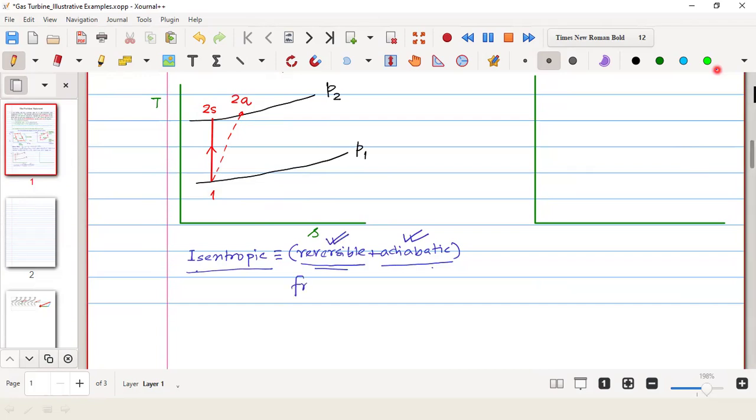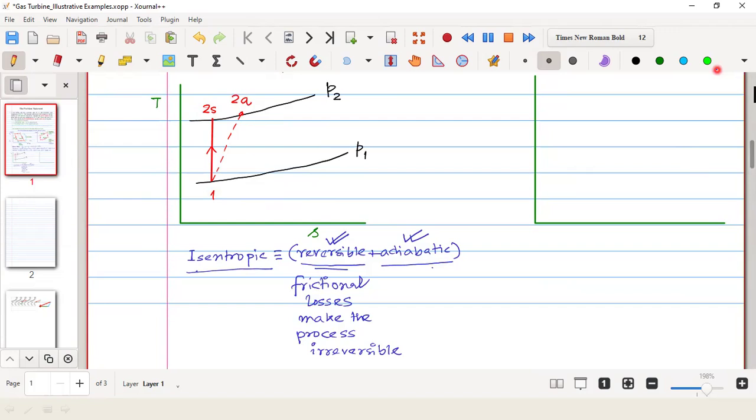So frictional losses will be there, and that will make the process, meaning the compression process, irreversible. That we have to clearly understand.